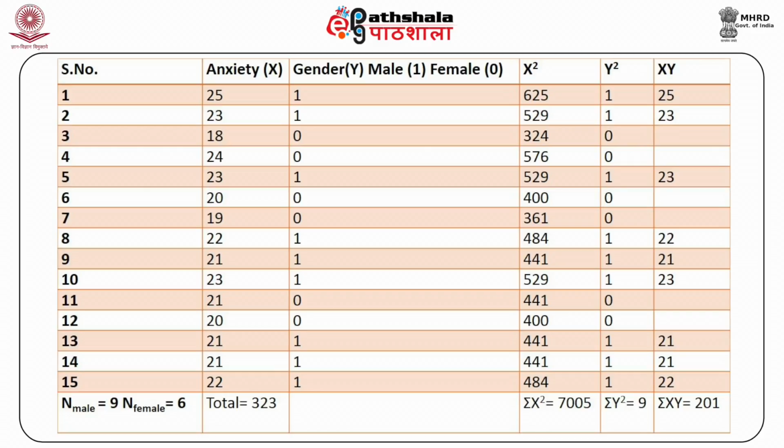The obtained scores are given in the columns anxiety and gender. Anxiety has been coded as the X variable and gender as the Y variable.